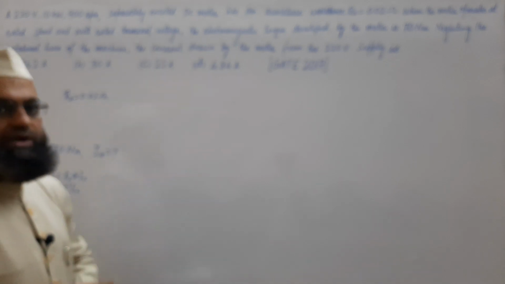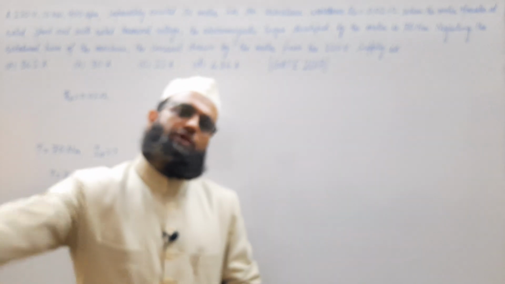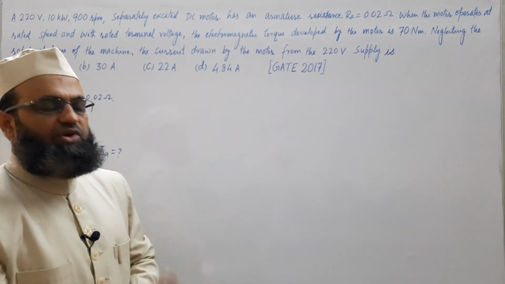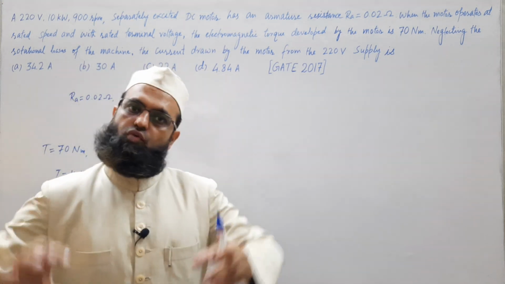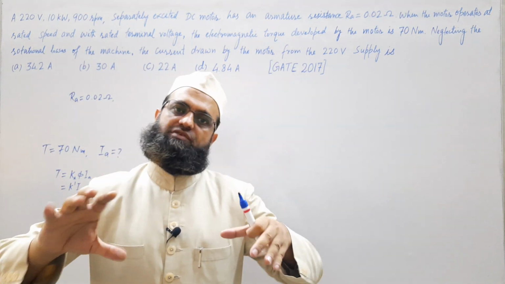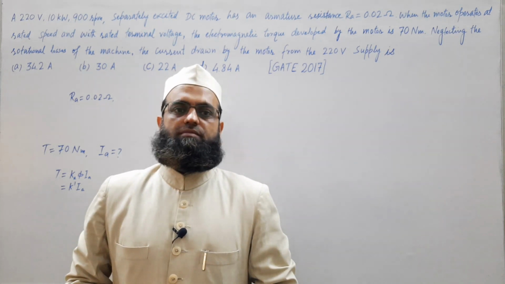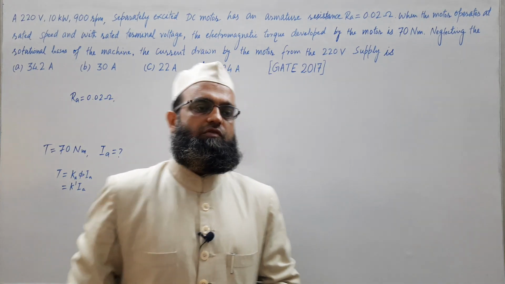So try to find out K dash, because this developed torque fully depends on the armature current, right? And this developed torque will be the requirement of the mechanical load torque. To rotate any machine at constant speed, the two torques, the mechanical torque which is opposing the developed torque, must be equal. Shaft torque, basically, we will discuss.